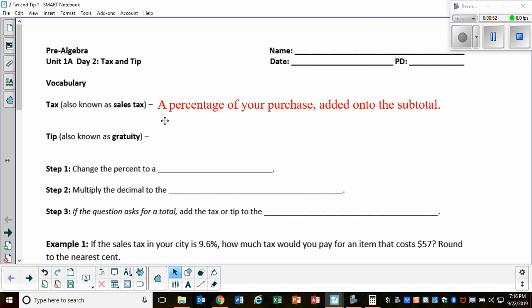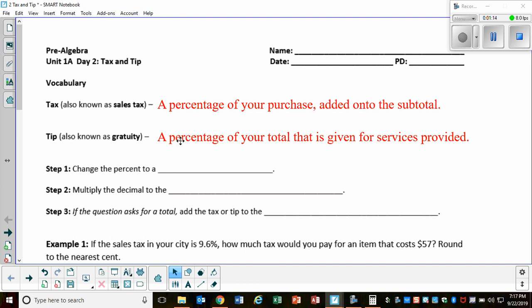So these are things that we normally have to pay for to be able to use, kind of. Okay? And tip, which is also known as a gratuity, is a percentage of your total that is given for services provided.